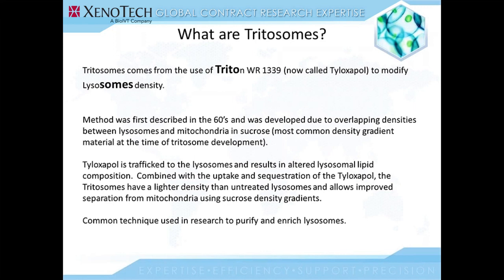It also causes changes in the lysosomal lipid composition. The combination of the change in lipid composition and the sequestration of the tyloxapol gives a decrease in the isopycnic density of the lysosomes, which allows us to then use sucrose to purify and enrich lysosomes away from contaminating mitochondria.